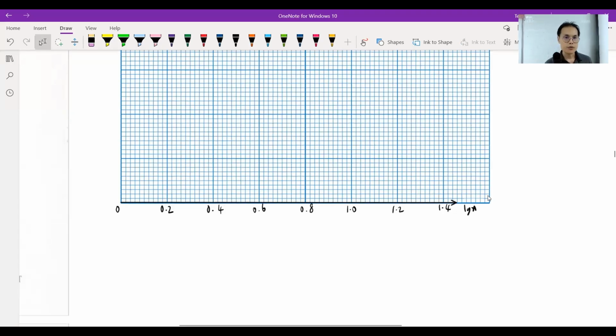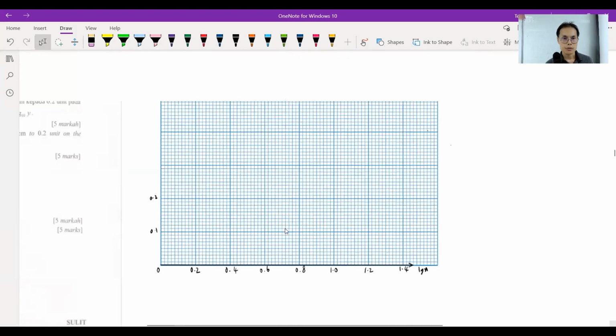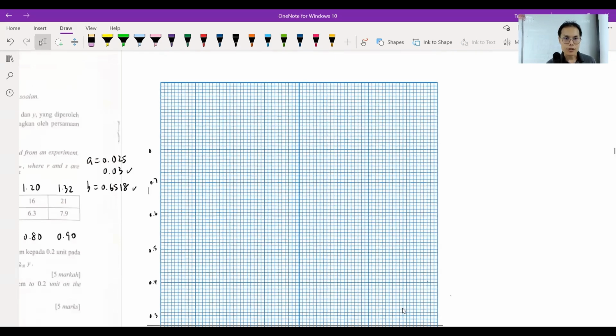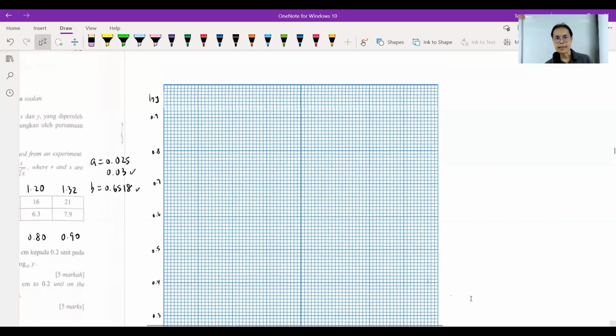Okay, for vertical, we use 0.1, 0.2. Let me just zoom out a bit. 0.3, 0.4, 0.5, 0.6, 0.7, 0.8. The largest is 0.9. Okay, this will be my LGY. Okay, let me draw my axis again.